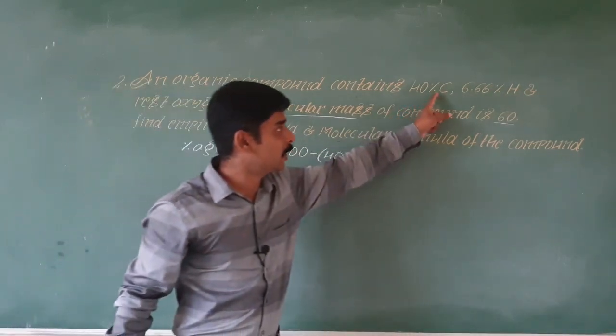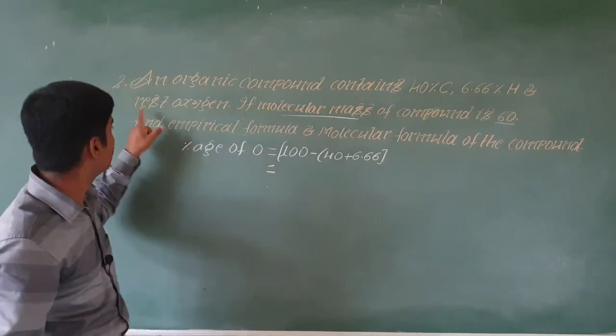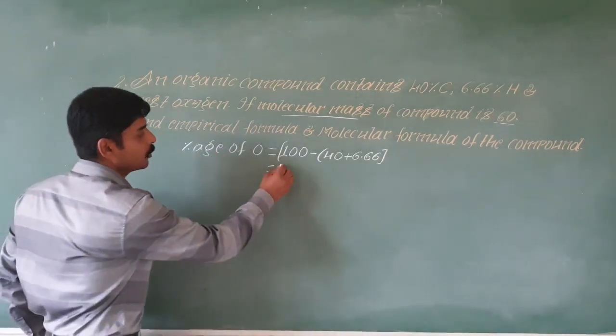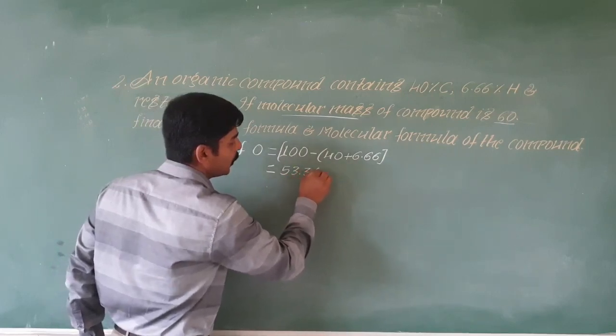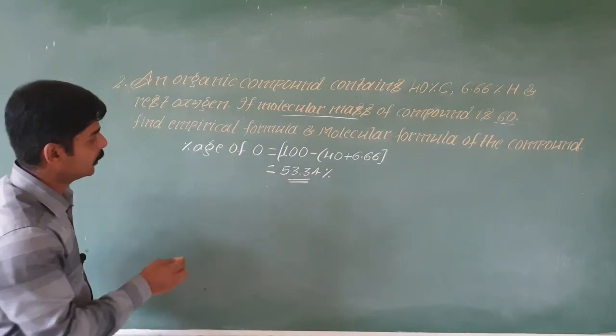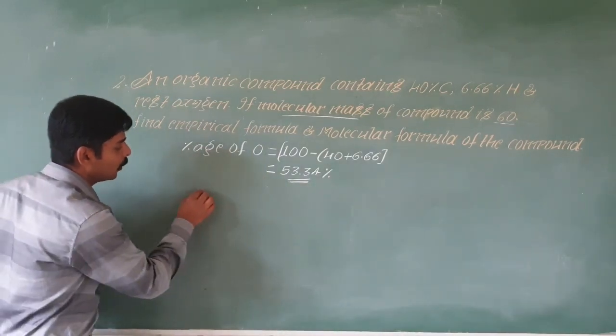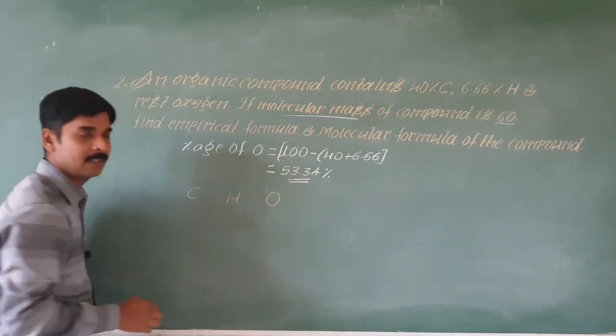Add the percentage of carbon and hydrogen and subtract from 100. That will give you the percentage of oxygen. So this will come around 53.34 percent.